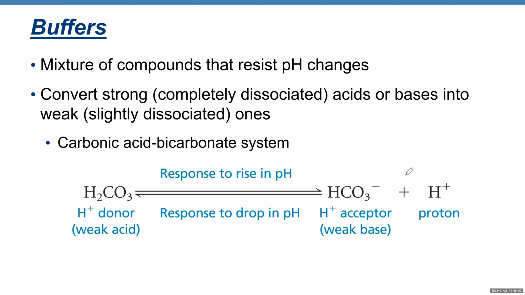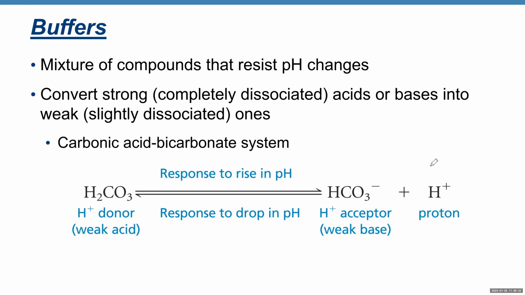Now look what happens. If you have lots of hydrogen ions, so if acidity increases, then the hydrogen will be attached to bicarbonate and the reaction will shift toward carbonic acid. So you remove hydrogen ions from the solution.